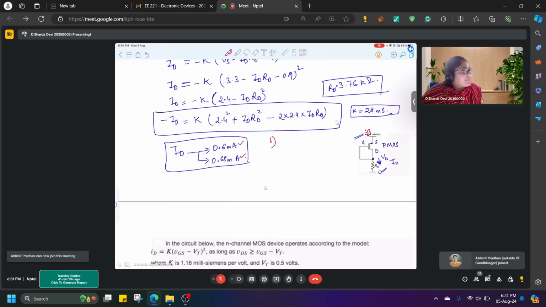First of all, VSG should be greater than mod VTH, correct?